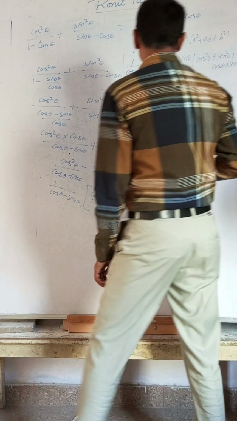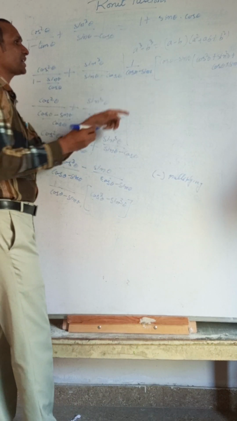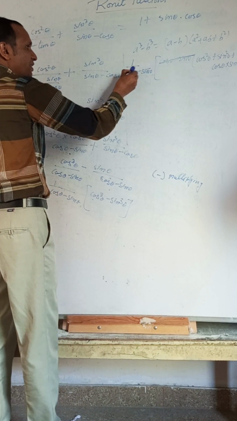Now you can see that this and this are cancelled, because in multiplication this is cancelled by this one.